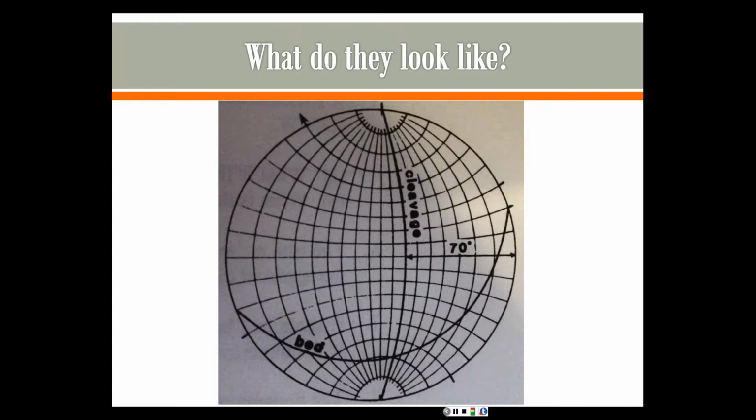So what are they? Well, most of you have one in front of you already, but this is what this looks like. The one you have is a lot finer detail than this. This is every 5 degrees. Yours is every 2 degrees, so you can get more precise with it. But that net in the background is the stereo net.